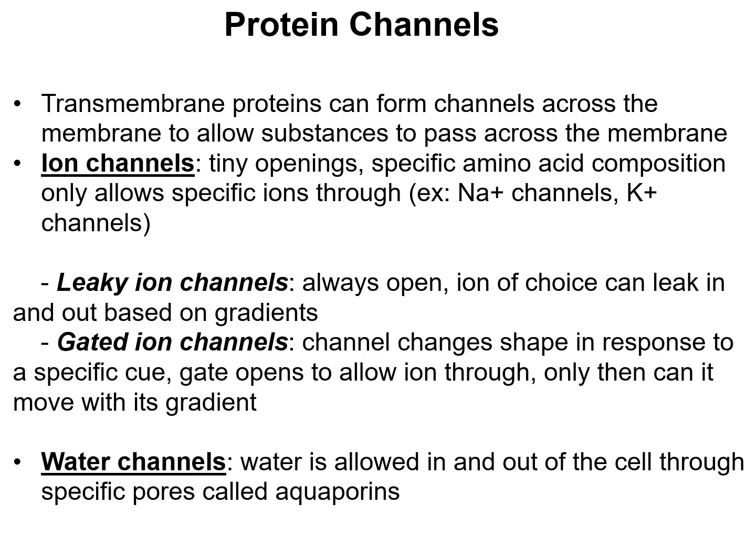This specialized form of the integral protein is called a channel protein, and depending on the size and also the electrical charges of the amino acid composition, it could be very selective for each specific charged molecule or ion.